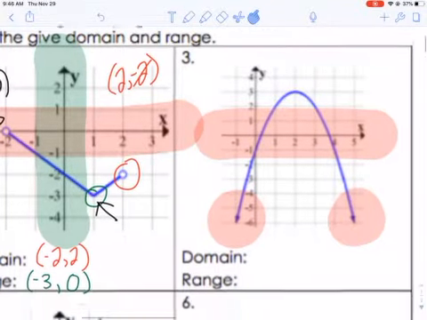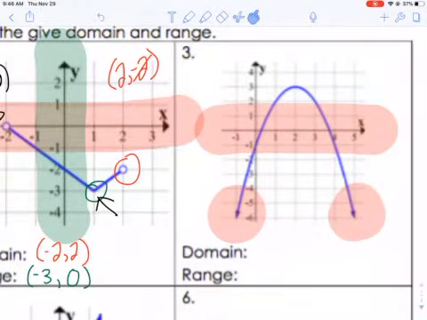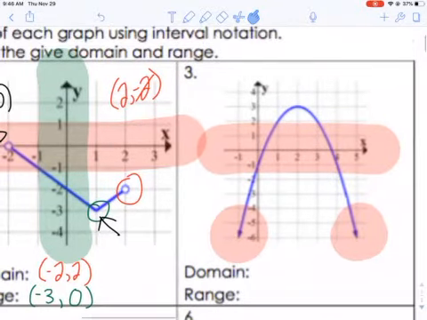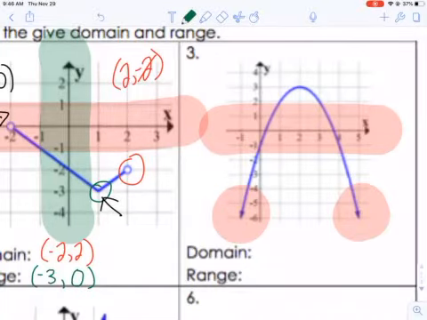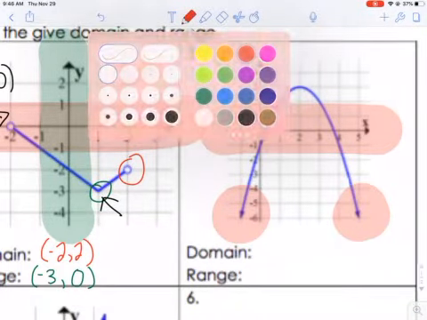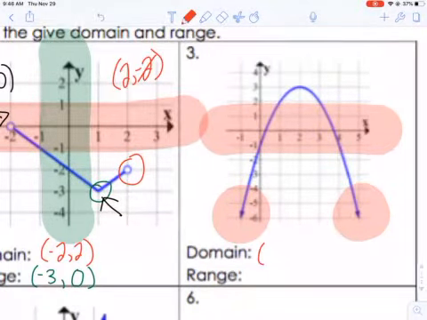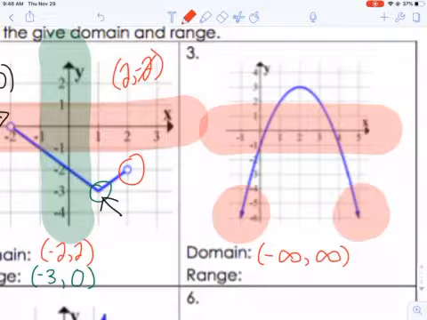So for our domain, we could assume that if we made this graph bigger, this would just keep going and going. So that would give us infinity in that case. Now remember, when we're dealing with infinity, always use parentheses, because infinity never stops. So that would be all real numbers, really, because everything on the number line is considered a real number.